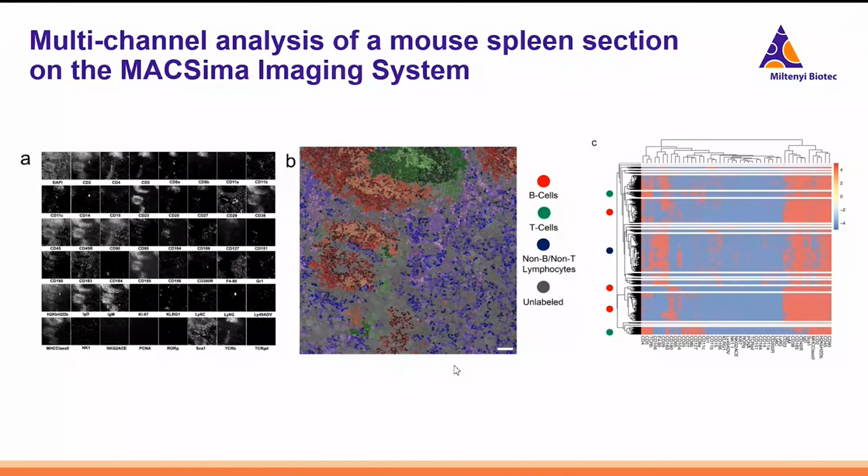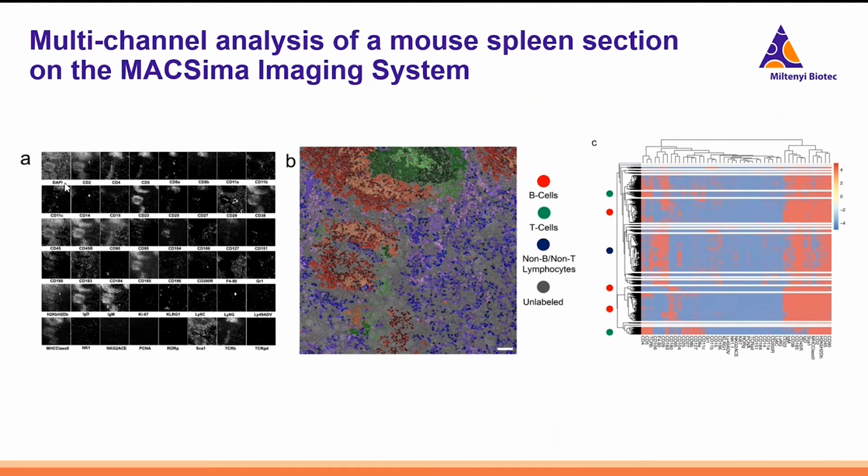So now, to validate the performance of the technology on a tissue section, they performed a MICS analysis on a frozen section of a mouse spleen. In this experiment, they used 47 markers, targeting as many types of immune cells as possible, as you observe here on the image on the left.